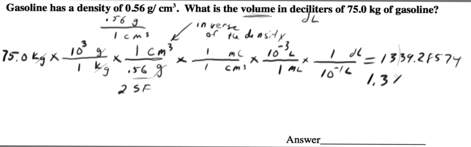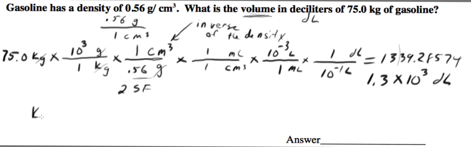Okay, so that's 1.3 times 10, and it's going to be 10. We move the decimal place over 1, 2, 3, so it's 1.3 times 10 to the third deciliters.